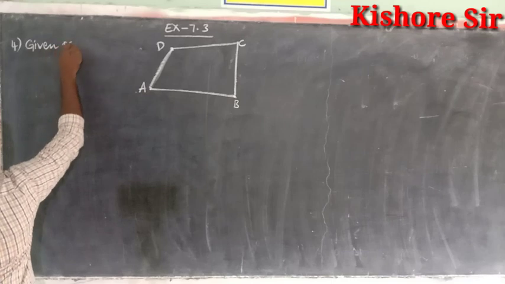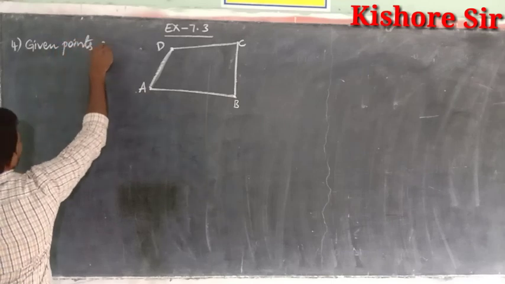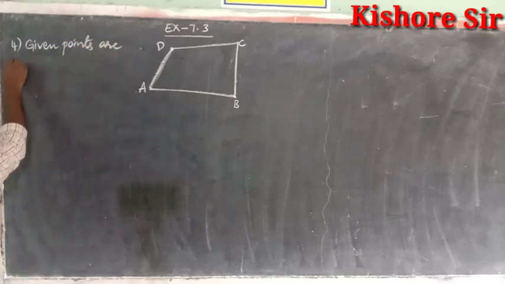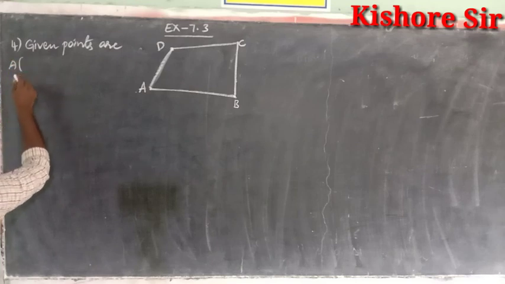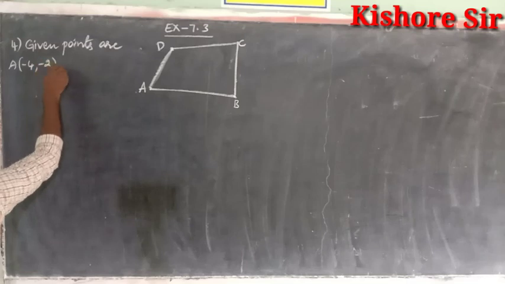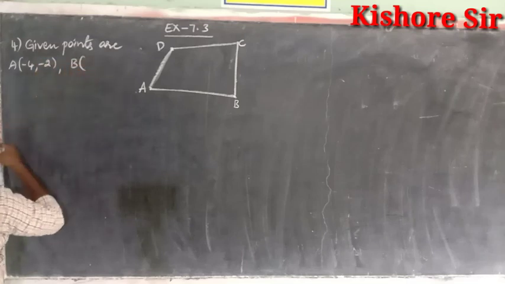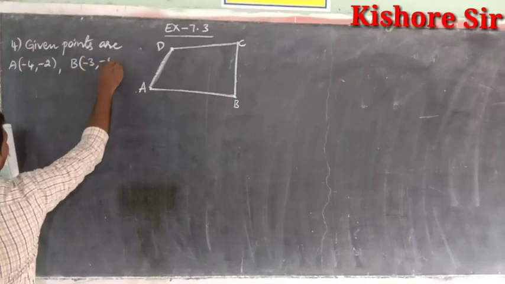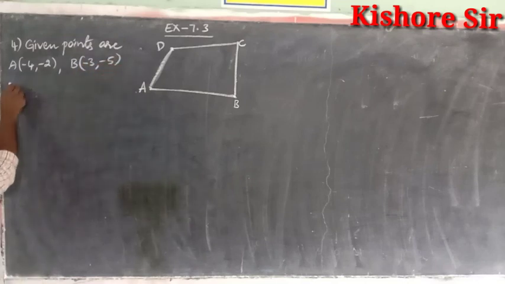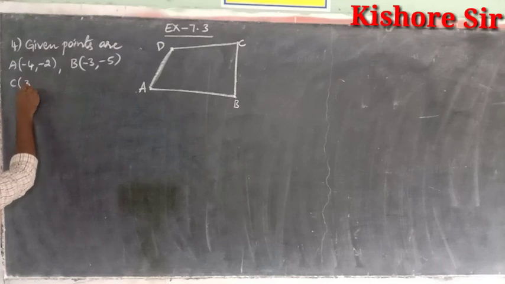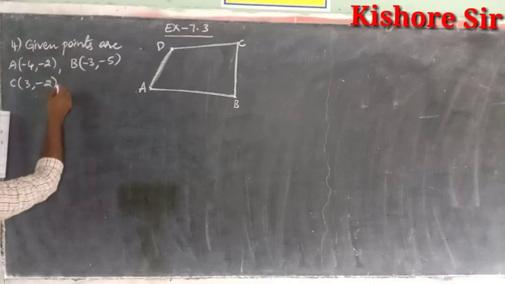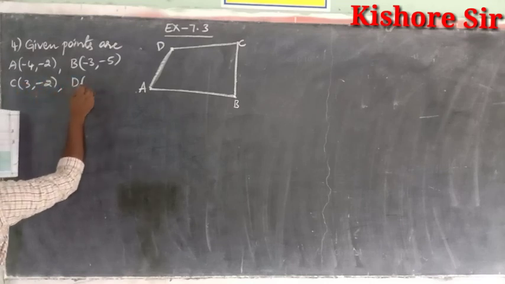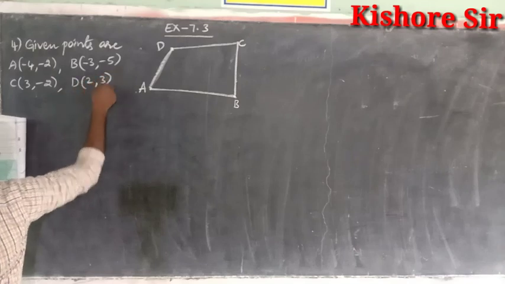Given points are: the first point we can take as A, the point A is (-4, -2). The second point we can take as B, (-3, -5). The third point C, (3, -2). And the final point D, (2, 3).